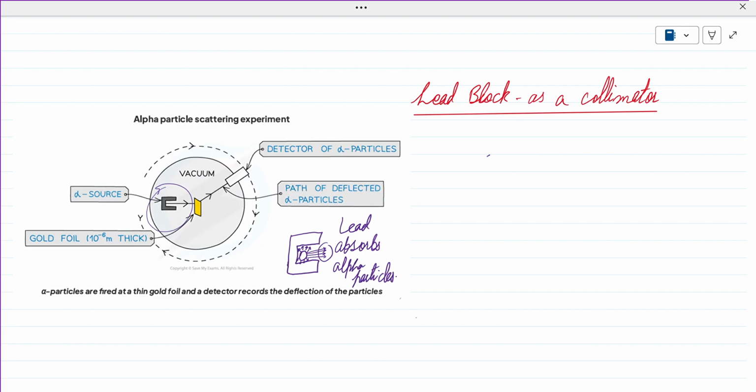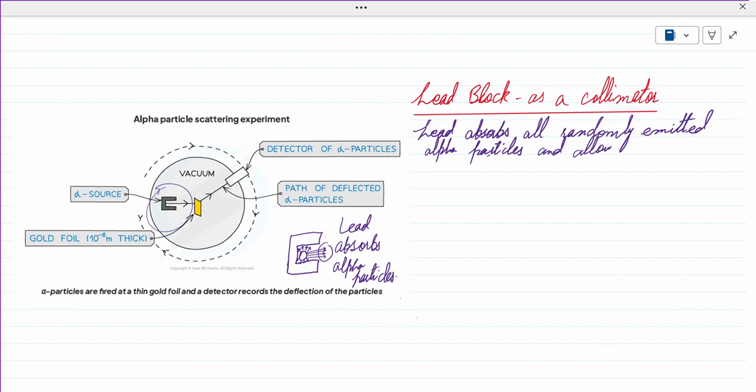So lead absorbs all randomly emitted alpha particles and allows a single path for their emergence towards the gold foil.